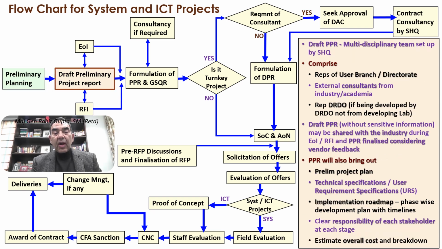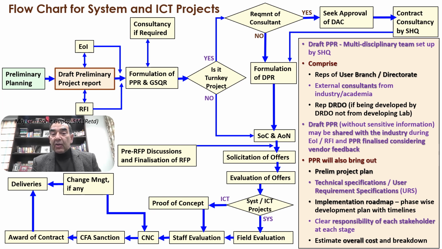We come to the draft preliminary project report. Now, to make the draft preliminary project report, or the PPR, a multidisciplinary team is set up by the service headquarters. It comprises the representatives of the user branch and the directorate concerned. External consultants are allowed to be taken from the industry and the academia, and the representative of the DRDO.